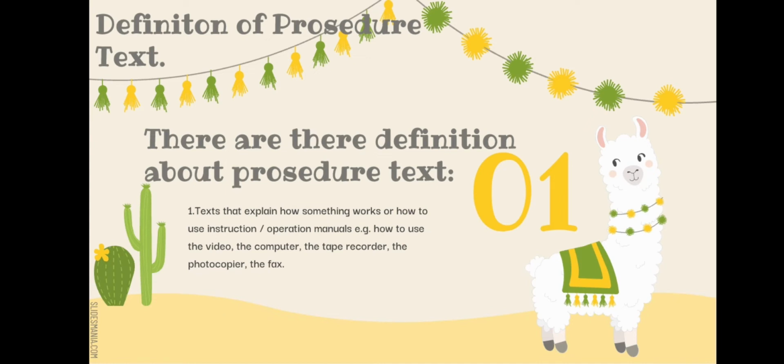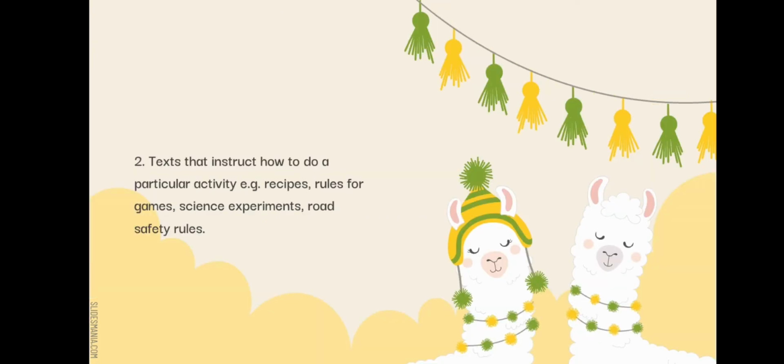The first is the definition of procedure text. What is the definition of procedure text? There are three definitions. The first, text that explains how something works or how to use, introduce, or operation manuals. For example, how to use the video, the computer, the tape recorder, the photocopier, the fax.